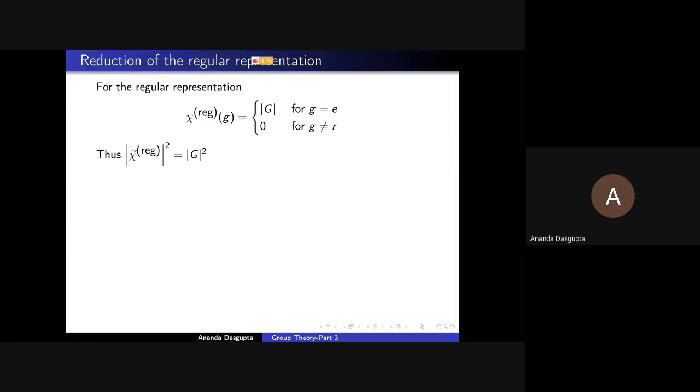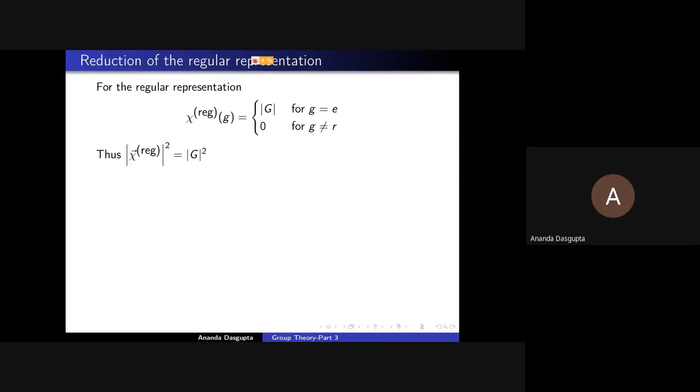Yes or no? Remember, the irreducibility criterion is that this chi dot chi should be mod G. Is this equal to mod G? Come on, the question is, is the square of a number equal to itself? No. No, unless you are dealing with a one-dimensional group.